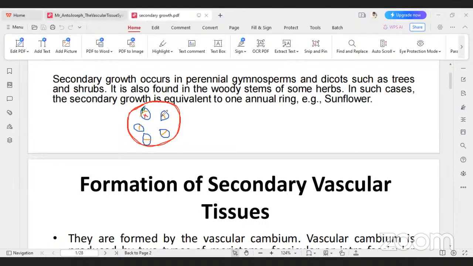Let me write here. This one is the vascular cambium.